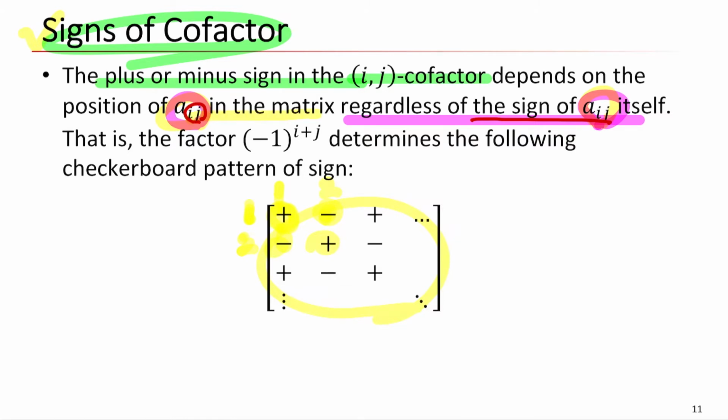For example, here the sign for a11 is plus, and the sign for a12 is minus. So we determine the sign of the cofactor depending on the position of aij in the matrix.